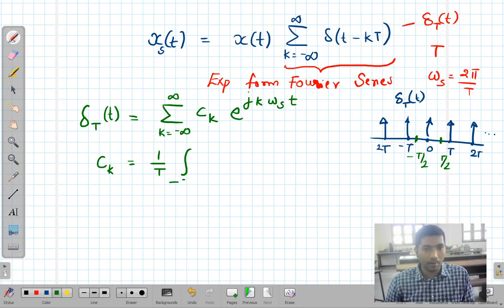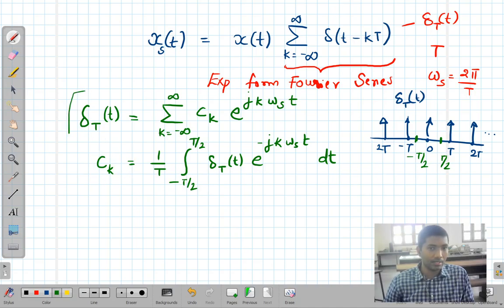So it is the integral from minus T by 2 to plus T by 2 of δ_T(t) e raised to minus j k ω_s t dt. Okay, so this is the expression for finding the Fourier series coefficient. Please remember these equations. These are the exponential form Fourier series expansion.